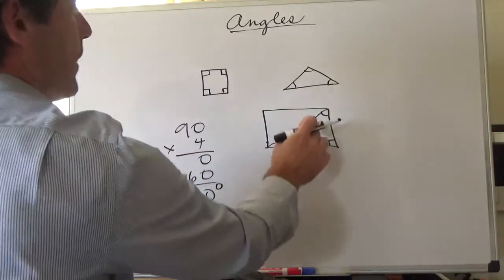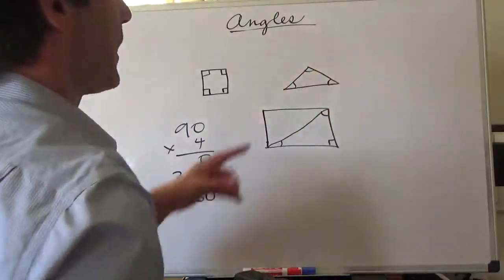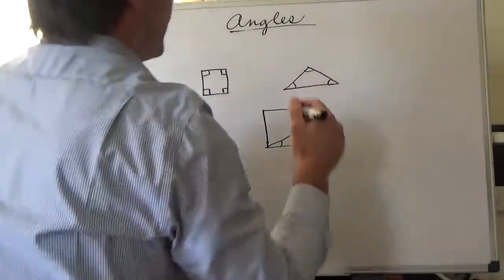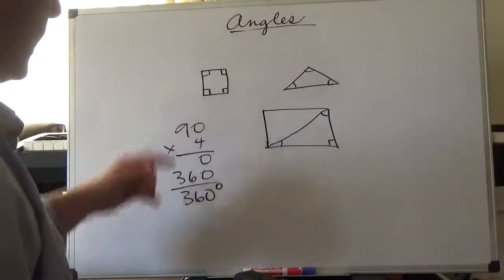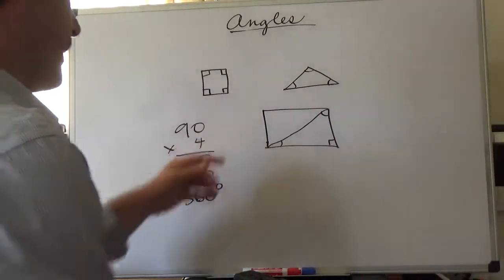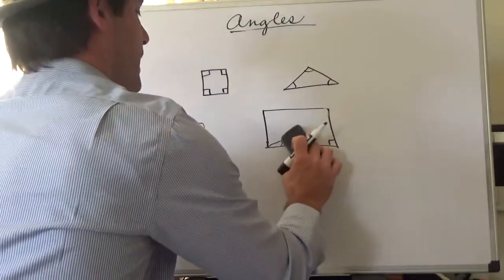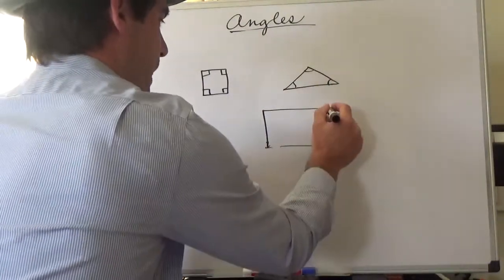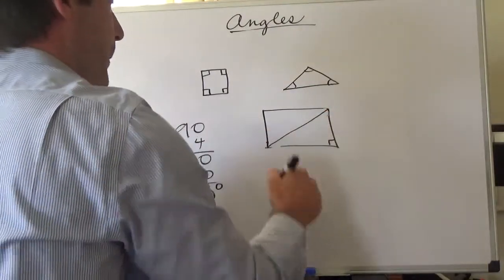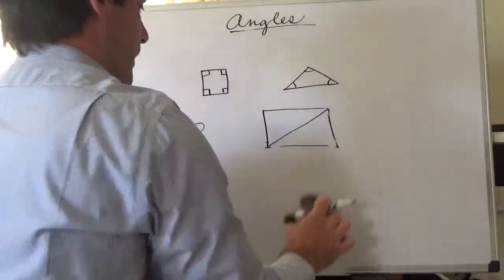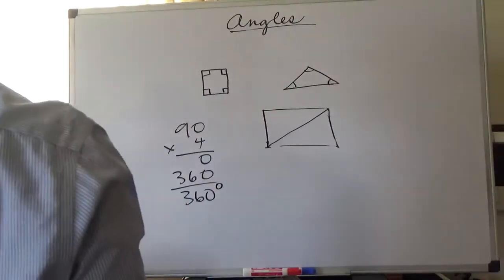So a triangle has 3 angles that add up to 180 degrees, and 180 is half of 360, so it kind of makes sense. If we have a shape that has 4 90-degree angles and we cut it in half and make 2 shapes that have 3 angles apiece, those add up to 180.